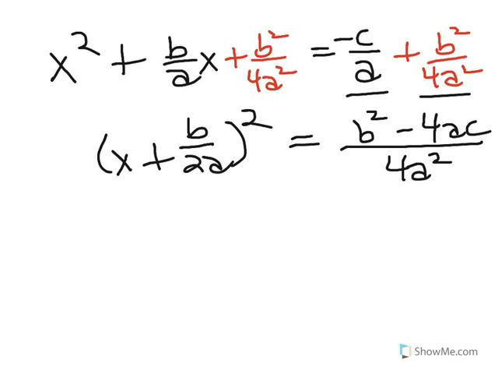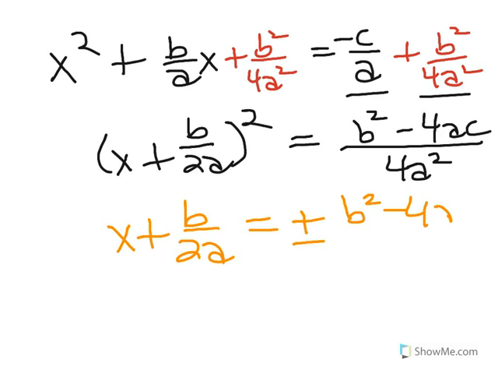Now it's time to take the square root of both sides. Well, the square root of the square of x plus b over 2a has to be x plus b over 2a. On the right side, we know that every number has two square roots, a positive square root and a negative square root. We have no way of knowing whether b squared minus 4ac will happen to be a square number or not.